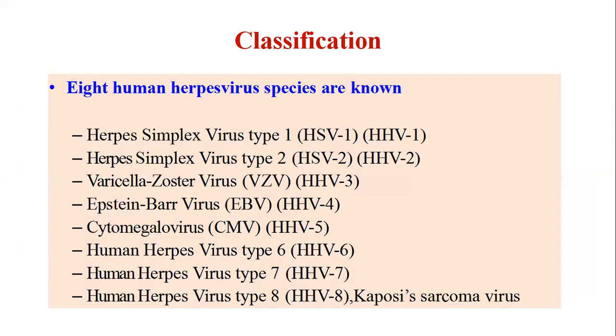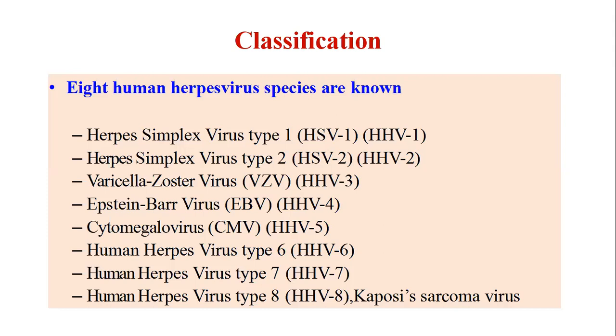Next slide is about the classification of human herpes viruses. So about 8 human herpes virus species are known to date. They are herpes simplex virus type 1, HSV1, which can also be called human herpes virus 1, herpes simplex virus type 2, or human herpes virus type 2, then varicella zoster virus, which is HHV3, Epstein-Barr virus, cytomegalovirus, and human herpes virus type 6, 7, and 8.